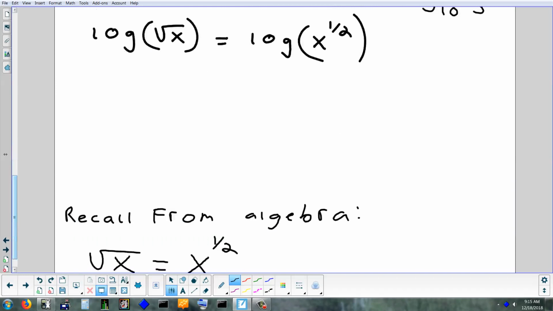So if you have a square root, it means this. And then you can take this and put it in front. So the log of the square root of x, if I said to simplify that without exponents, I'd be looking for this. You got to know that the square root means 1/2, and then you can put the 1/2 in front.